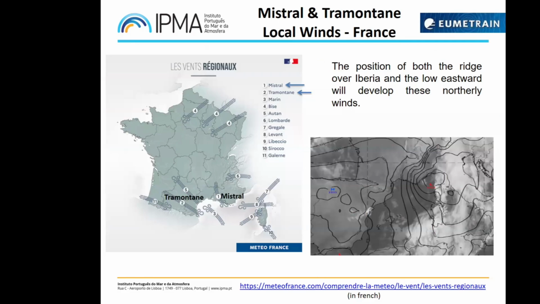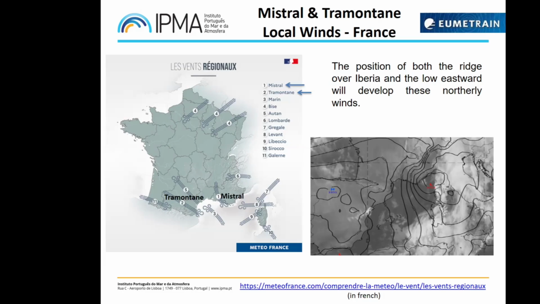Well, as I mentioned before, the position of a high pressure ridge over Iberia and the low pressure system to the east is originating strong northerly winds over south of France and over the sea. So these are local winds. They are known as Mistral and Tramontane. I'm not sure if I'm saying it well.